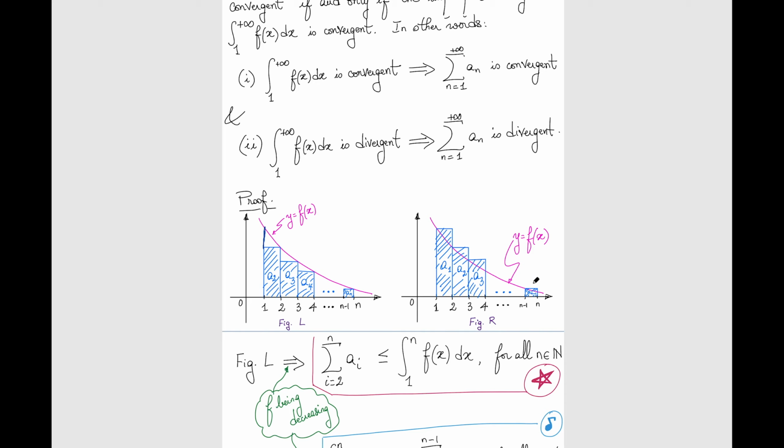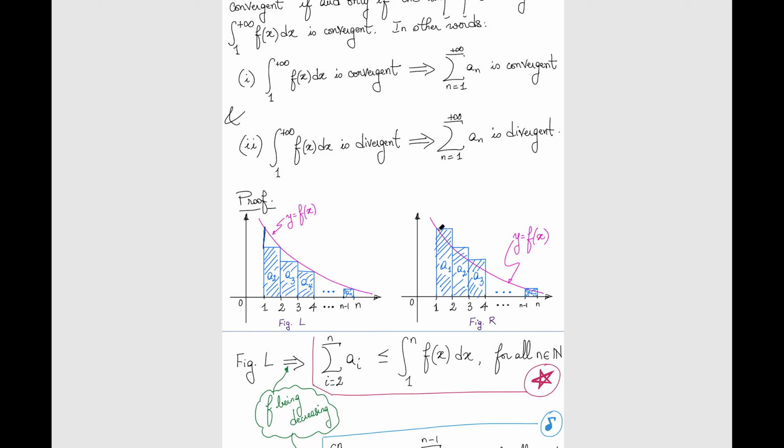All right, on the right side, very similar situation, but now instead of looking at the right endpoint and creating the height of this rectangle being the image of the right endpoint, this time around I'm going to take the left endpoint. So how am I going to create these rectangles?